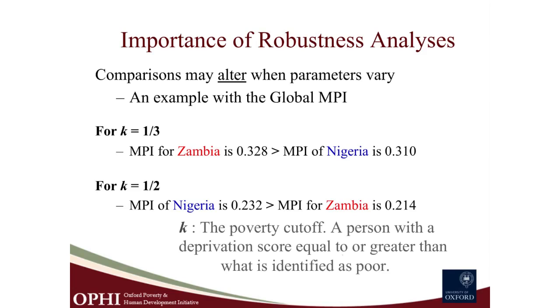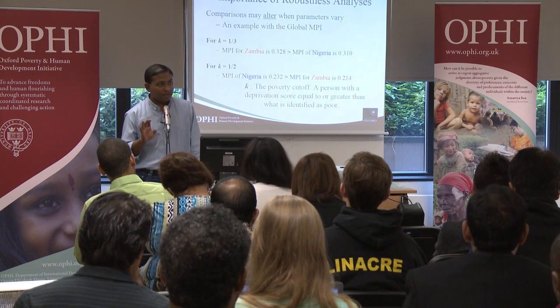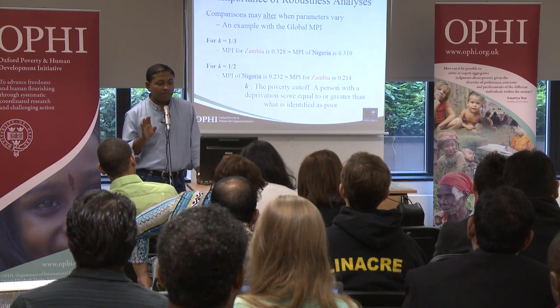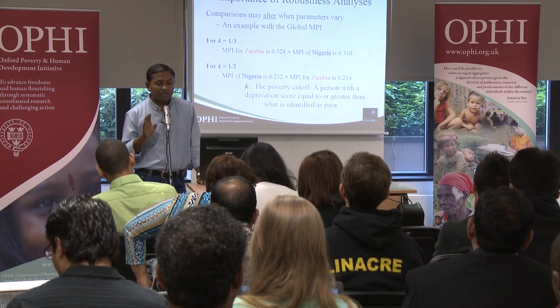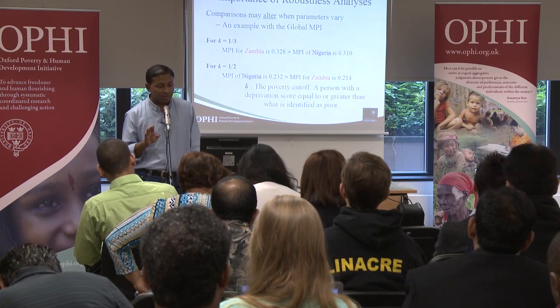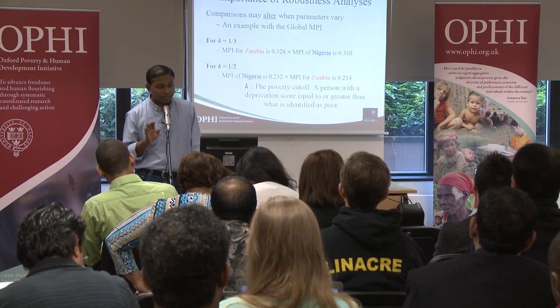Let us take an example using the global MPI data. For k equal to 1/3, which is the poverty cutoff used for the global MPI reported in the Human Development Report, the MPI for Zambia is larger than the MPI for Nigeria. So if you believe that the 1/3 cutoff is the right one for you, based on that, Zambia's MPI is larger than that of Nigeria. These use older data sets, not the newest ones, just for the example.